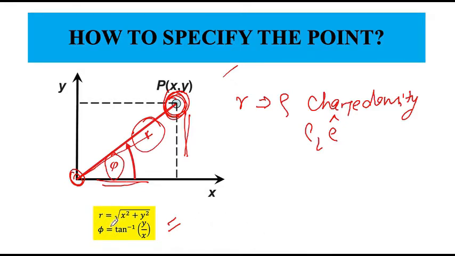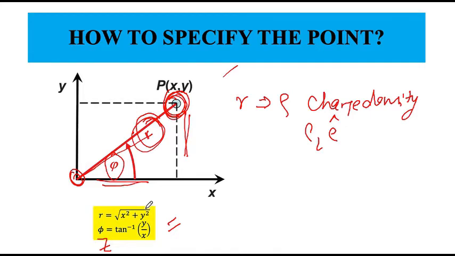r, phi and z, where I have the z axis, but instead of x and y I have chosen to think in terms of a circle. So any point I say has a radius r and then an angle with the x axis, phi.